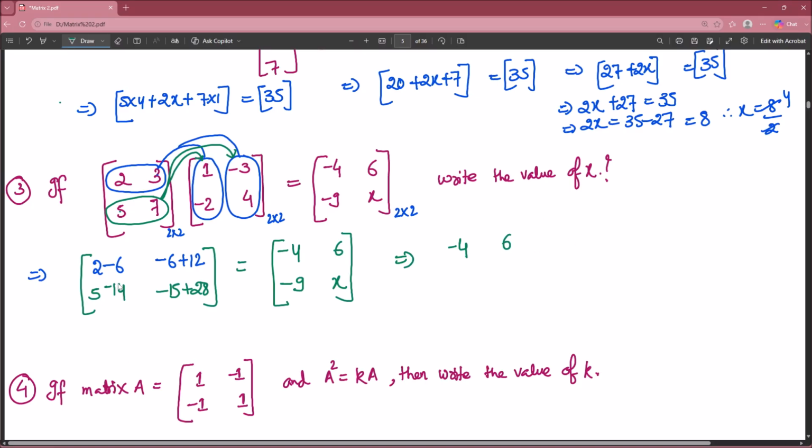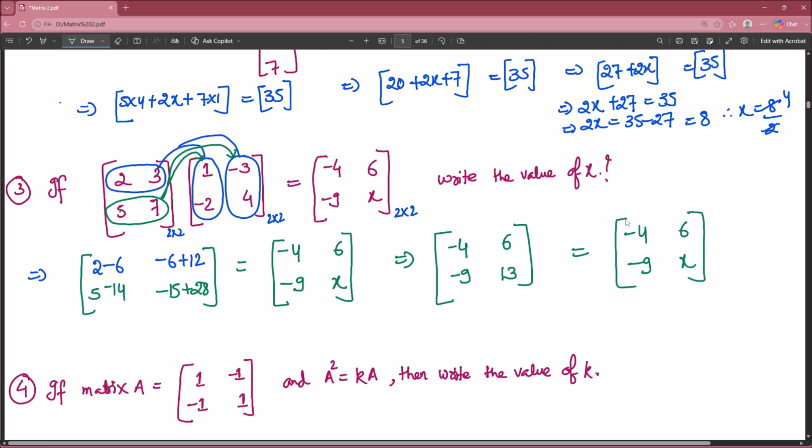Minus 14 plus 5 is equal to minus 9. 28 minus 15 is equal to 13.